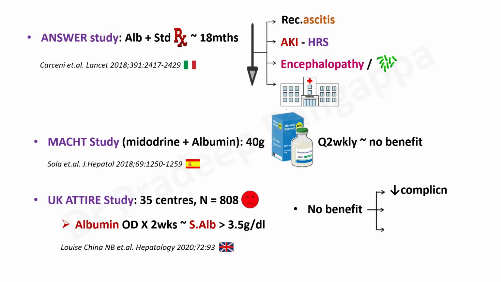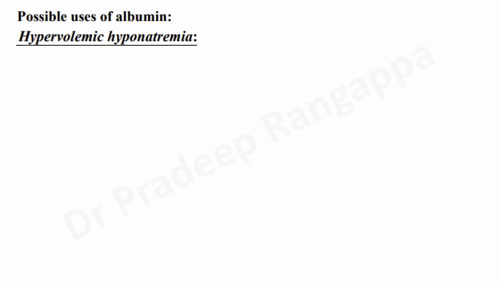Unfortunately, this study did not show any benefit in reducing complications or 3 month survival, and there was no benefit with regards to adverse events also. So basically, this study debunked the whole thought process that long-term utilization of albumin has any sort of benefit. So possibly at this point of time, we could hold on to giving this long-term albumin every week, possibly taking a cue from this study.